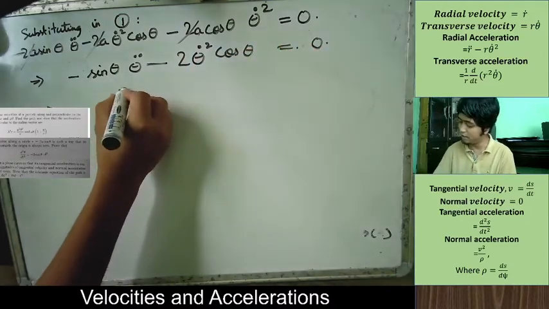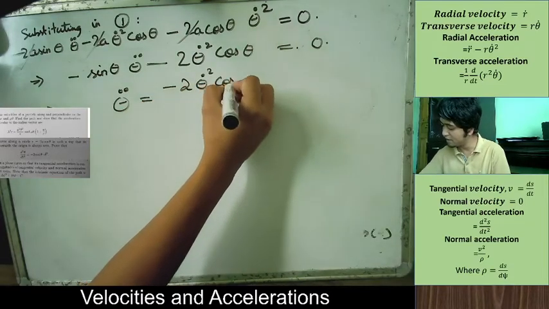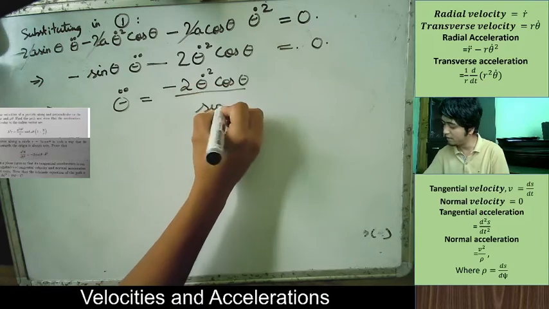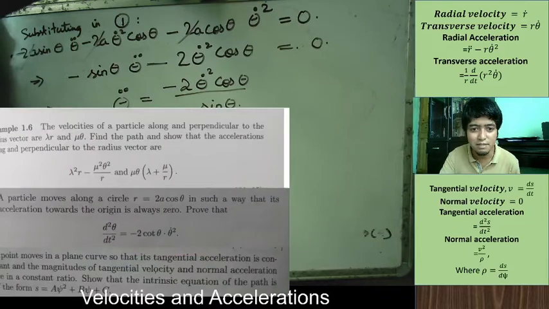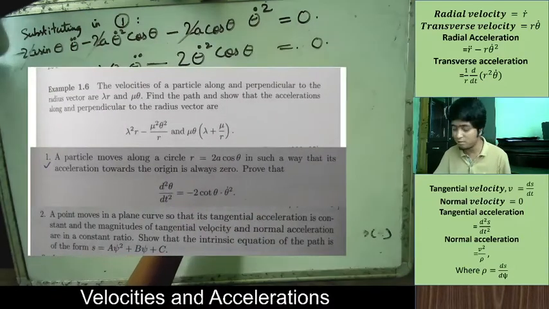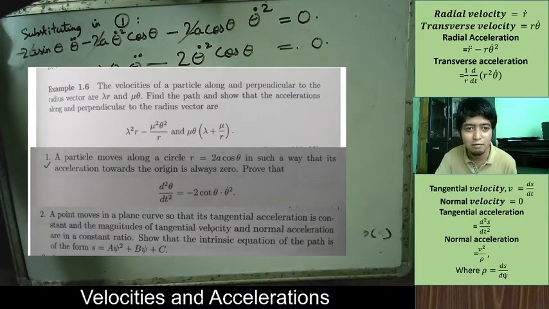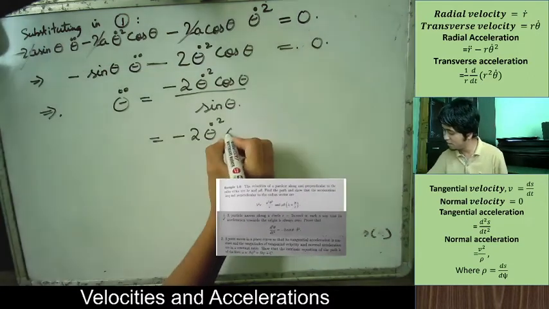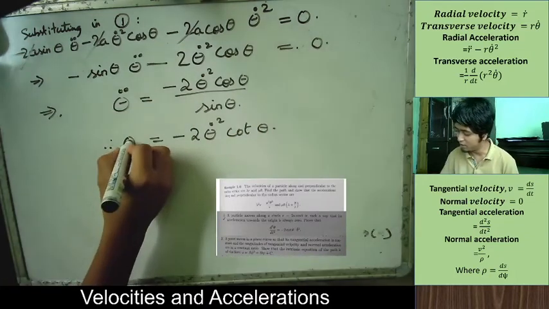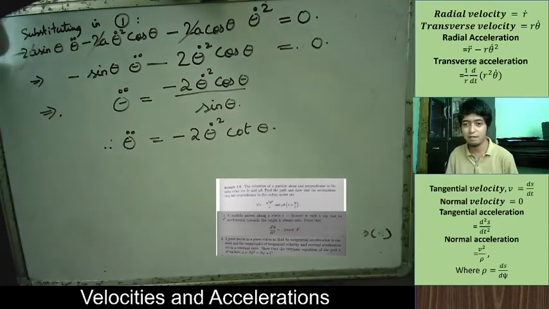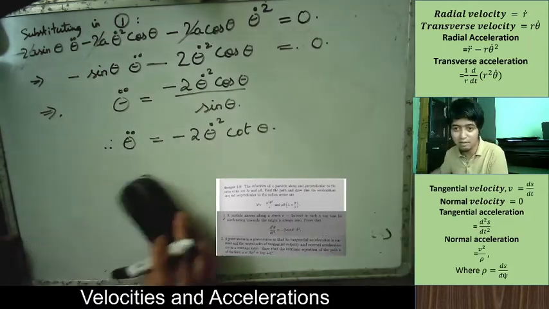We will be having theta double dot equals minus 2 theta dot square cos theta upon sine theta. I think this is the required expression. Let us just see. Yes it is. So we can easily write this as 2 theta dot square cos theta by sine theta, which is cot theta. So this is the required expression for theta double dot that we want to find. This is again a simple exercise, and we are done.